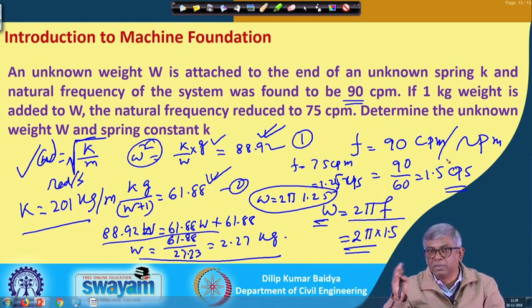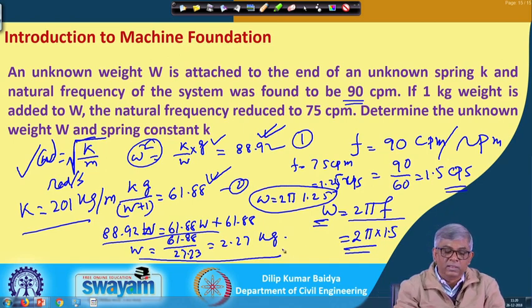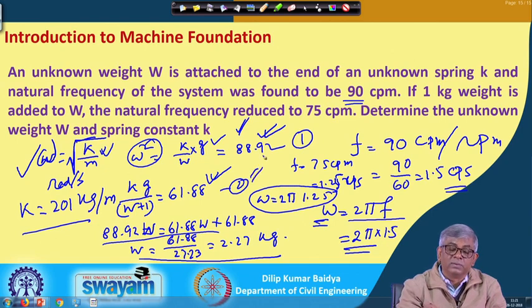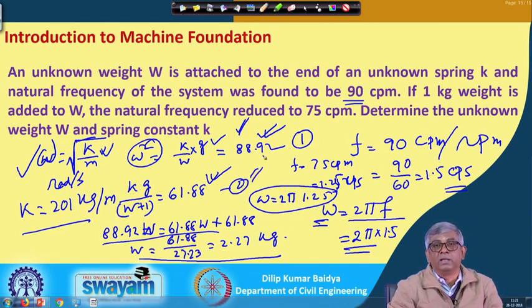With f in cycles per second and omega in radians per second, the relationship is omega equal to 2 pi f. That is to be used, and with condition 1 giving one equation and condition 2 another, solving them I can get both unknowns. I have got two equations, so I will get that.